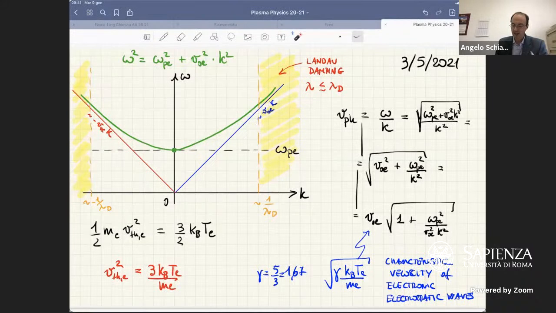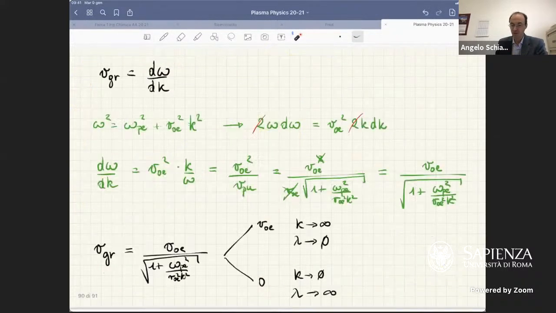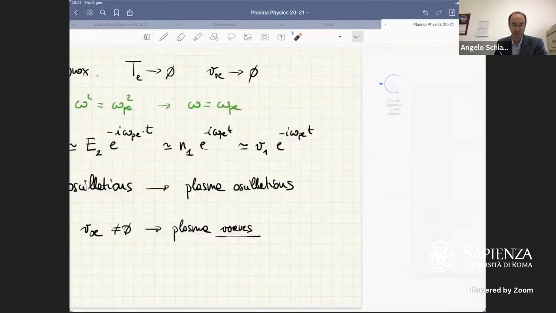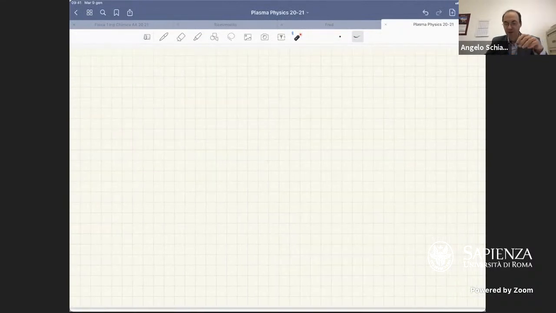Longitudinal electronic waves. What happens if we take now into consideration the ions as well? So if we move onto completely different time scales, because you remember for this derivation we said, okay, we make the electric field E interact with electrons, and during this very fast interaction, the ions are at rest.